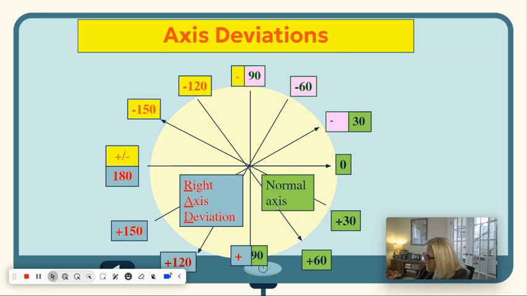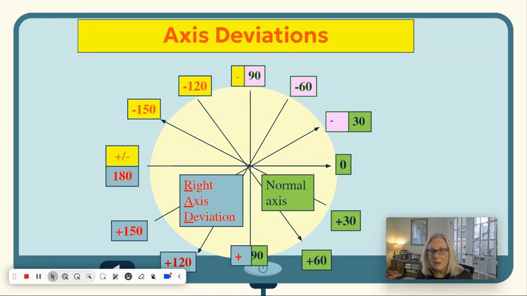So my right axis deviation is going to be that positive 90 to plus or minus 180. Okay? So I kind of shaded it in a different color, or you can shade it in with something different. What we really need to know is the normal axis is negative 30 to positive 90. And right axis deviation is not anything to worry about clinically.